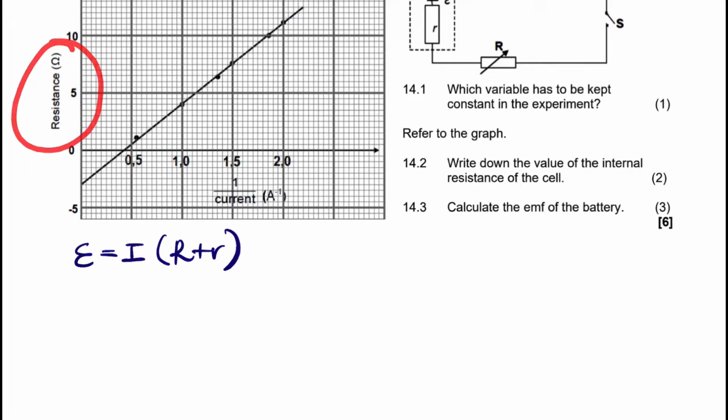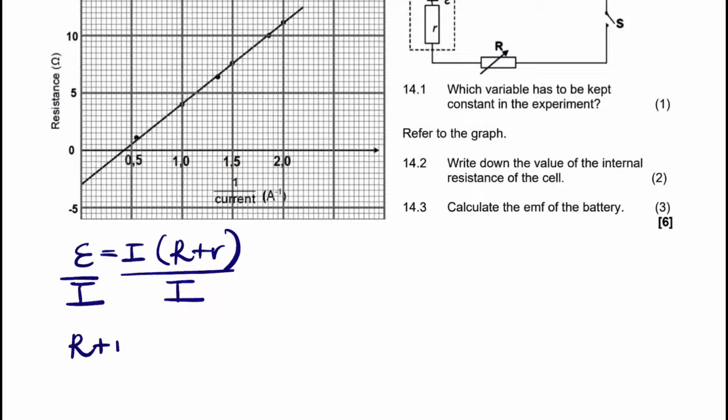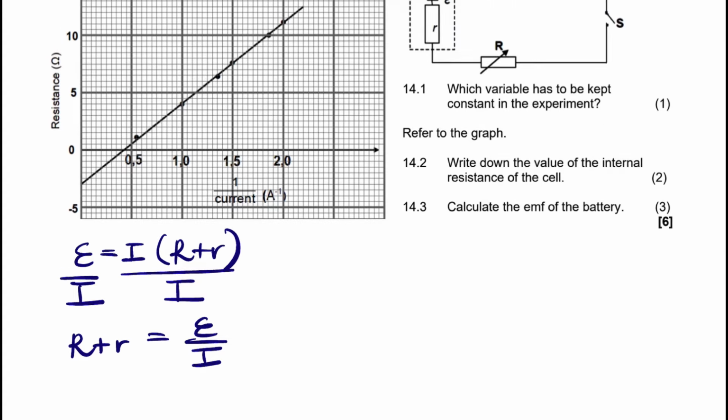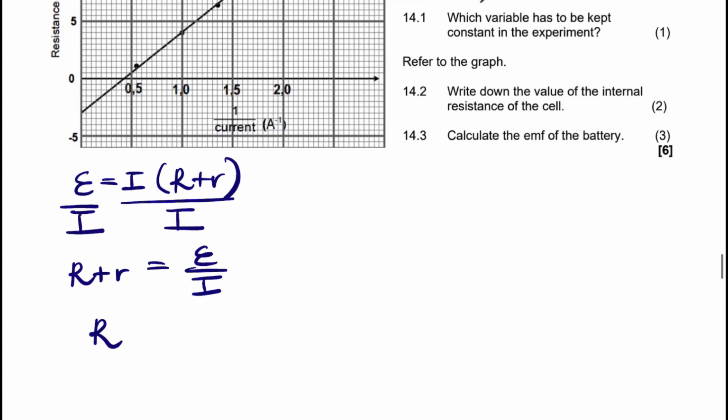I'll try to make my y as the resistance, which is the external resistance there. So I'm going to divide by the current. So I'm going to have here R plus r is equal to E divided by I. And then since my R is my Y here, I'm going to make Y the subject of the formula. So I'm going to say R is equal to E over I minus r, right?